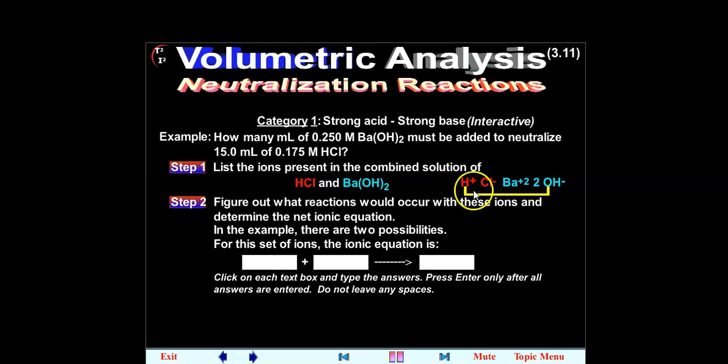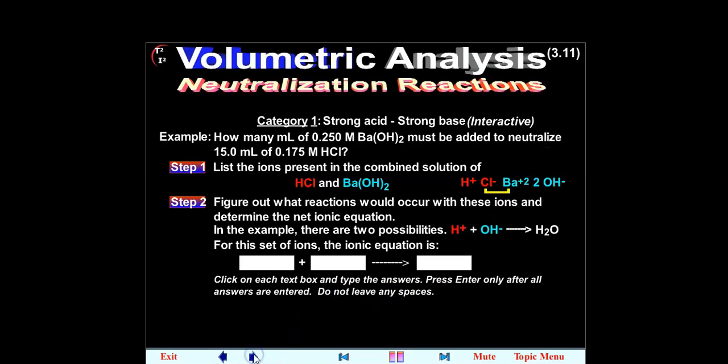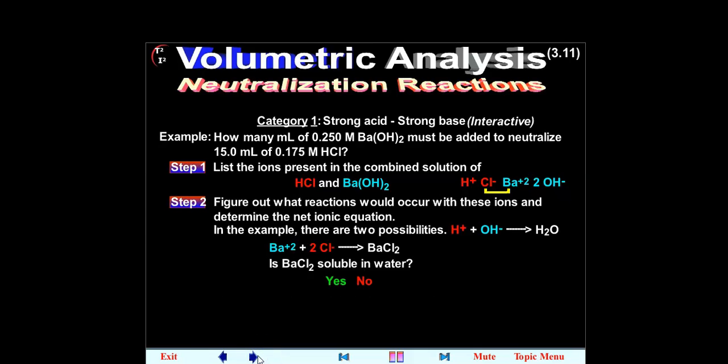So you have hydrogen ion plus 2 OH in this form. Barium ion plus chloride ion. Is BaCl2 soluble in water?